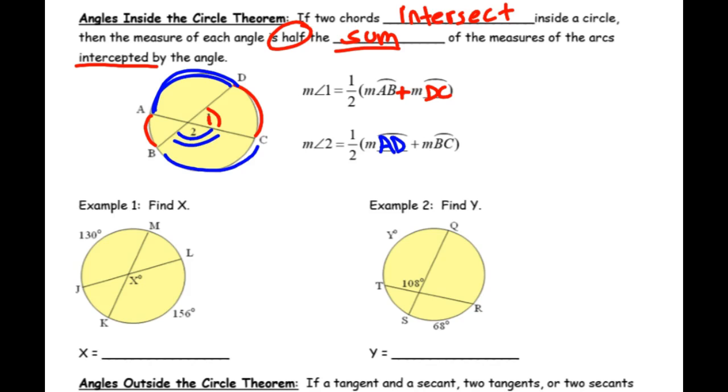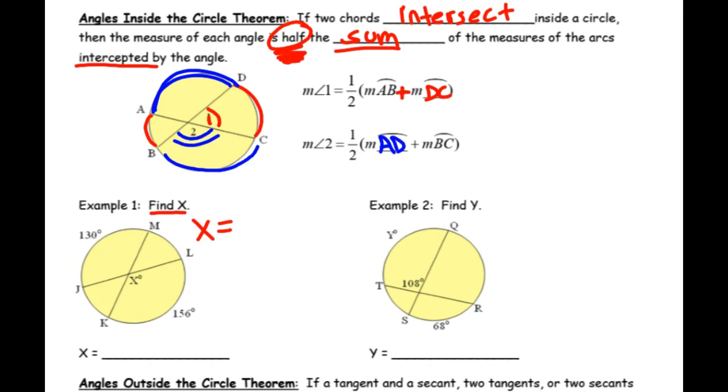What is our angle on the inside here? Nope, angle on the inside. X, okay, because that's what we're looking for. So X, so always write the angle first, then equals, and we're always trying to find what?